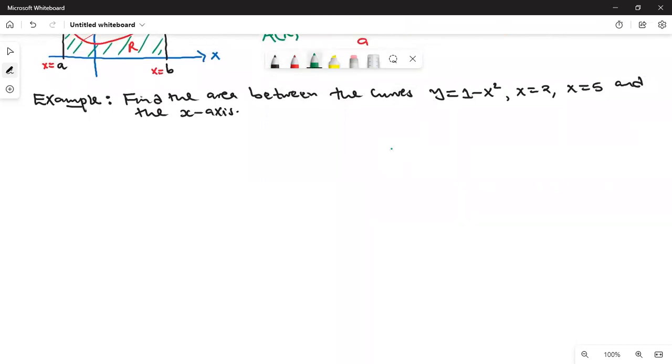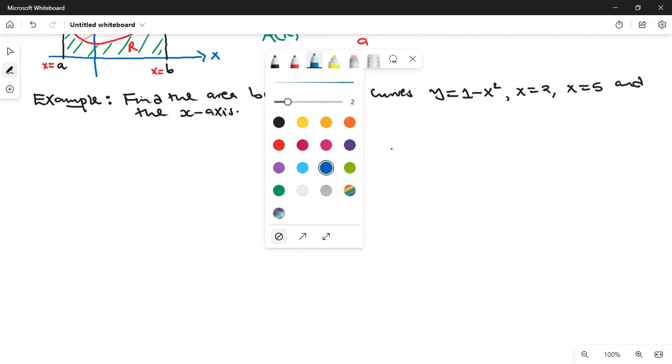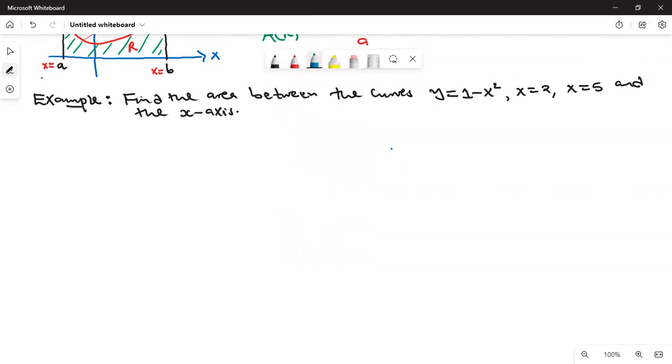Let me use another color. So we sketch, of course, we start by drawing the x-axis and the y-axis. This is x, this is y. Now look at the graph y is equals to 1 minus x squared. You can be able to draw it.